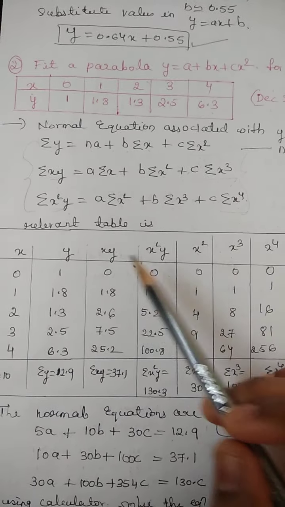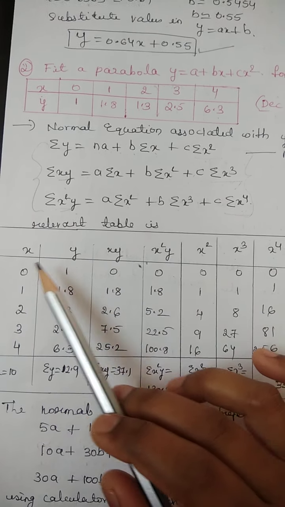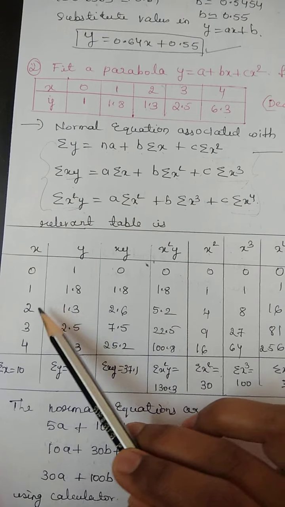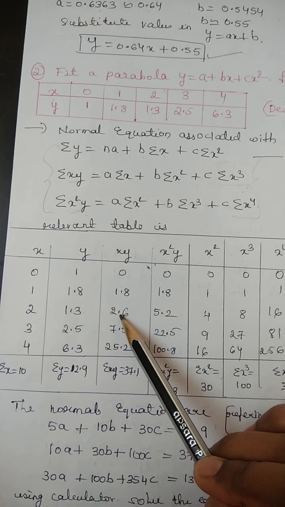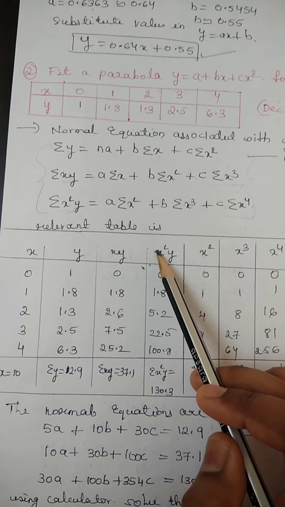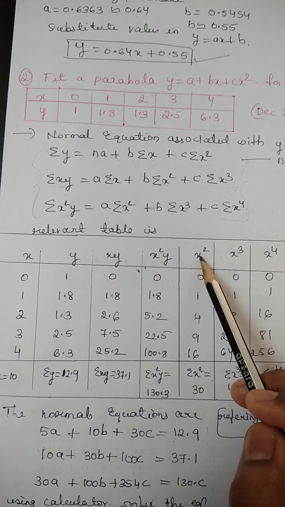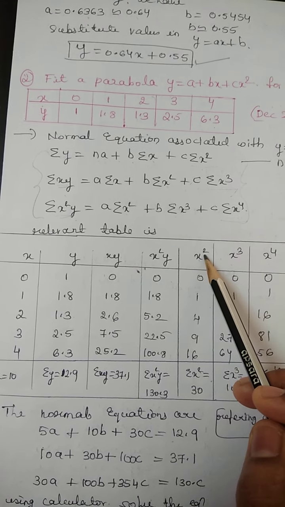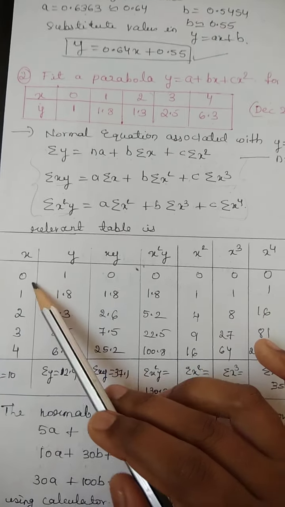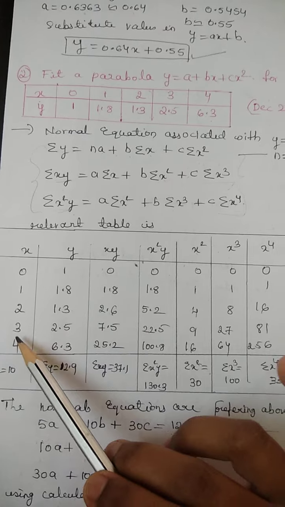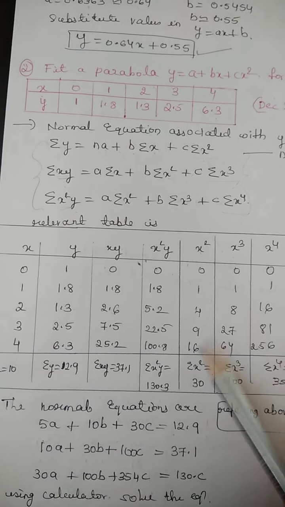Next, xy: 0 into 1, 1 into 1.8, 2 into 1.3, that is 2.6. Now, how to find x²y? First we construct the x² column: 0, 1, 2² is 4, 3² is 9, 4² is 16.